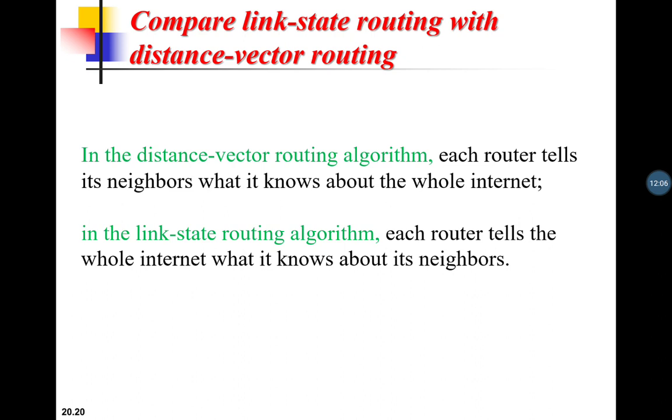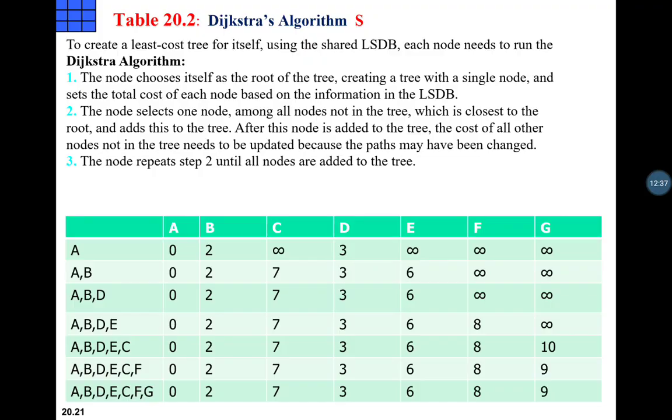To create a least cost tree for itself using the shared link state database, each node needs to run the Dijkstra algorithm, which will be seen next. When we compare link state routing with distance vector routing, which was discussed earlier, in the distance vector routing algorithm, each router tells the neighbors what it knows about the whole internet. But in link state routing, each router tells the whole internet what it knows about its neighbors. In the distance vector, it tells the neighbors about the internet.